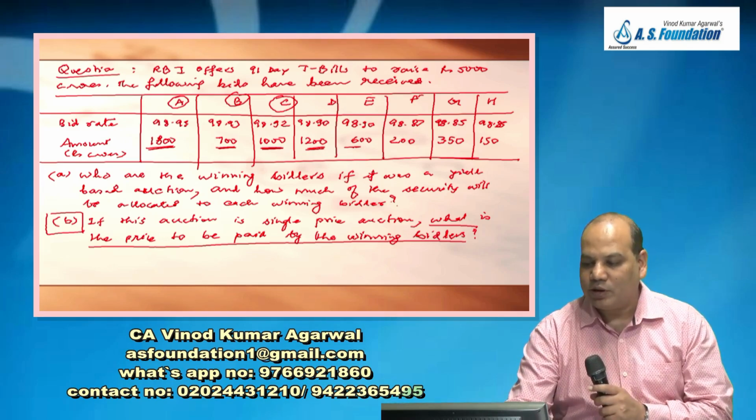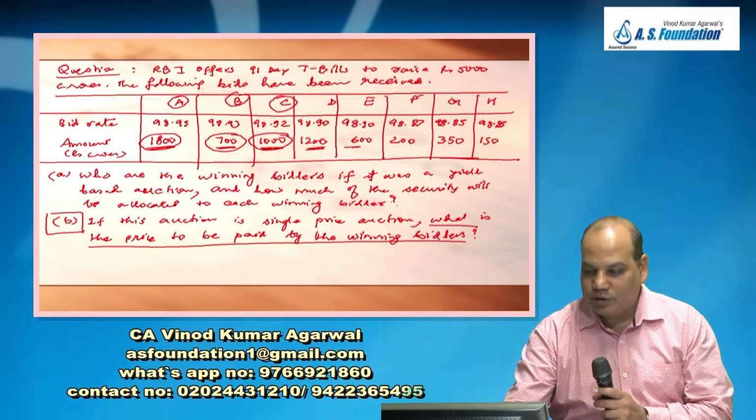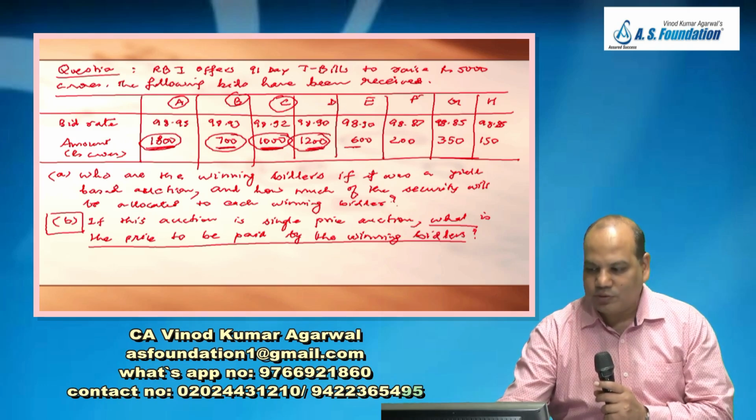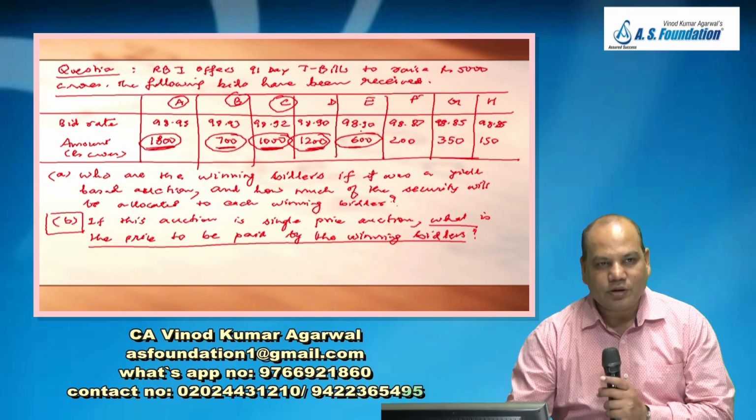So I will start with the highest, but I will not be able to raise. Then I will take next also. So total cumulative 2500. Still not possible. Add this also. Take cumulative 3500. Add 1200 also. How much? 4700 and 600.